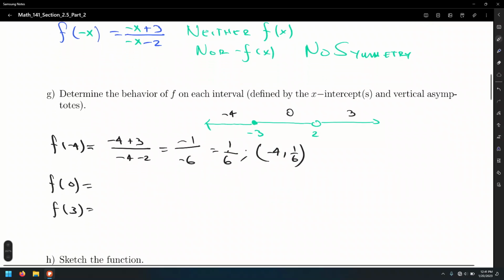And I'm not going to show the calculations for the other two to save time, but you know how this works. Just plug in the values and you will get the y values. That's going to give us -3/2 and 6/5. All right. So I think we have all the information that we need. That is 0, -3/2, and 3, 6.